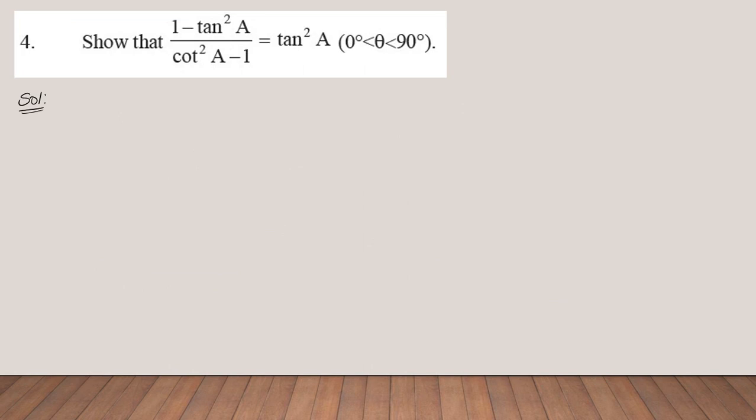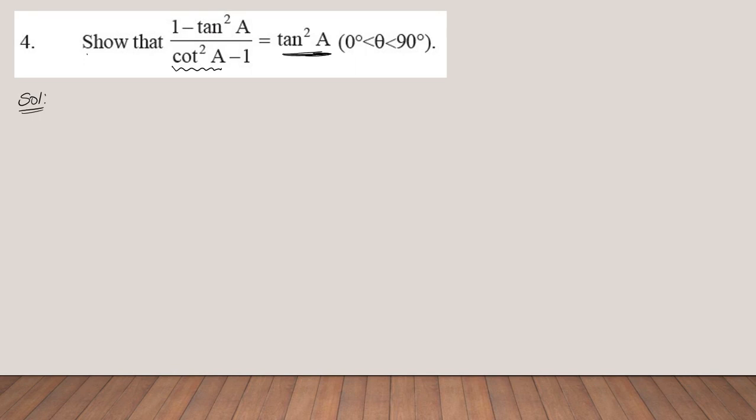1 minus tan square a by cot square a minus 1 is equal to tan square a. We need to prove it, that this whole thing is equal to tan square a. Now if you observe the right hand side, what do I need? Tan square a. That means we need to convert this cot square a in terms of tan square a.